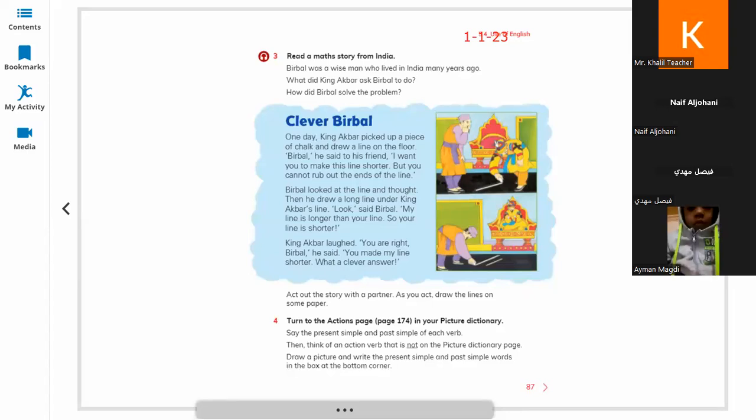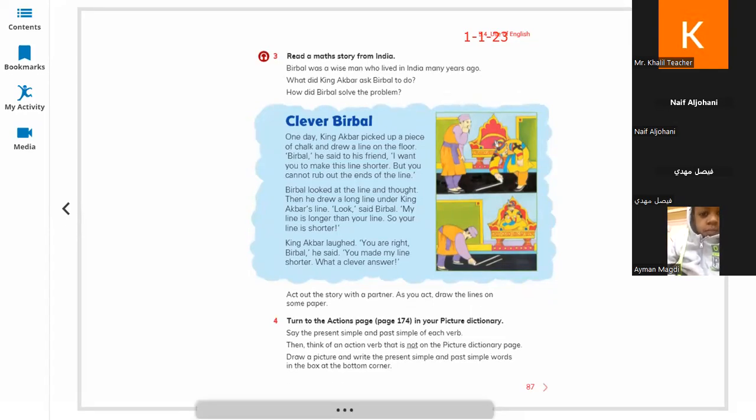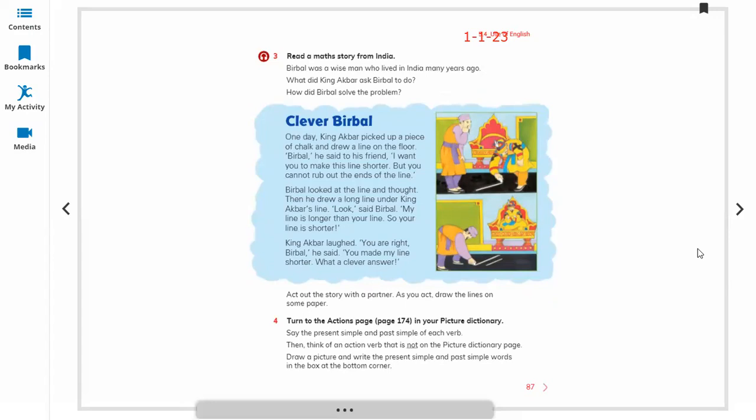So Birbal looked at the line and thought, then he drew a long line under King Akbar's line. What he did, he drew a line under King Akbar's line.